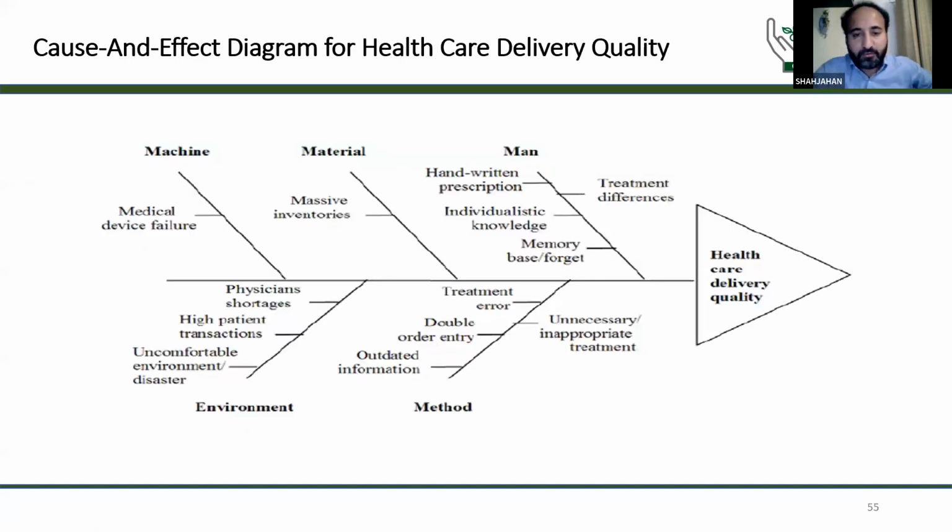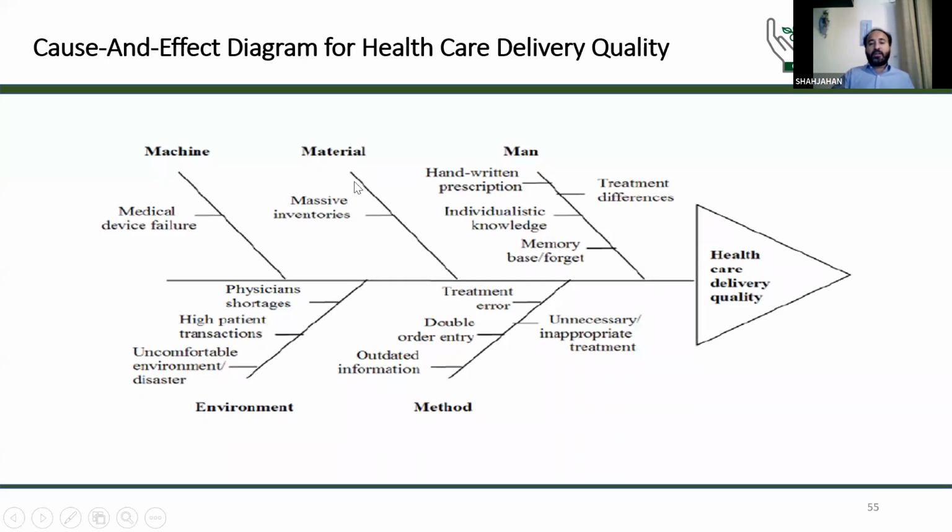So this is the diagram. The reason we call this tool the fishbone diagram is because it looks like a fishbone. Like in this example, we have the issue of healthcare delivery quality. We are not delivering quality, so our quality is going down. So what was the reason? Let's say we have one reason, medical device failure. This will come under the heading machine. The other reason is massive inventories.